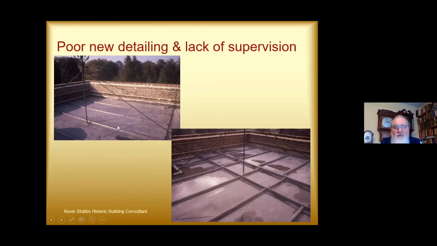And if you're not careful, one finishes up with them using code 5 lead to replace something like cast lead sheet, probably weighing anything up to 10 pounds per square foot. So really good quality, thick, historic lead. And they've put it back in the same sheet sizes, and it just will not perform. It'll crack very rapidly with thermal movement.